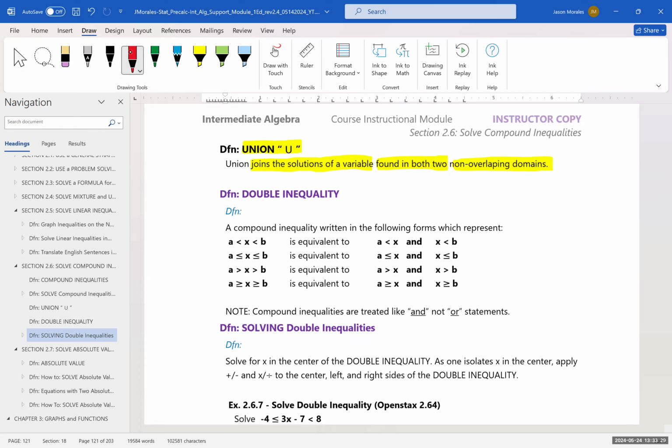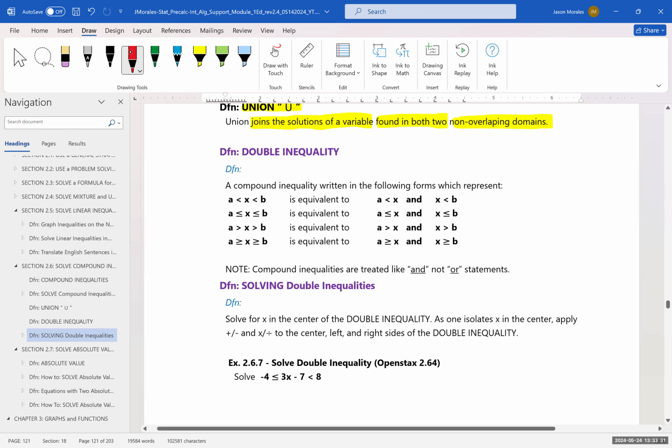All right, so a definition of a double inequality. A double inequality is a compound inequality that's written in the following forms. Here we have our variable x in the middle, and we've got inequalities to either side.